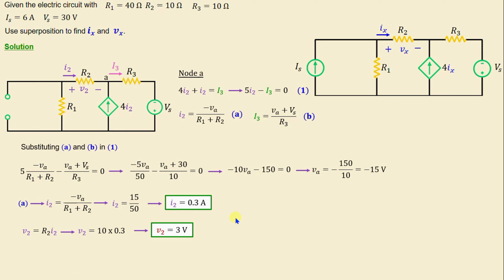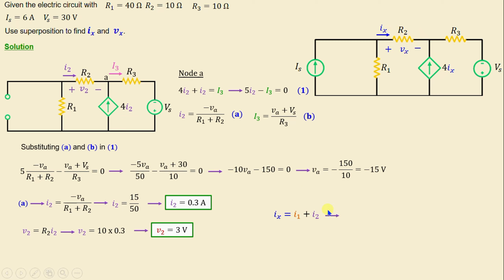After completing the analysis for each independent source while treating the other as turned off, the next step is to combine the results algebraically. This process enables us to determine the overall circuit response. That means the current Ix through the resistor R2 is given by I1 plus I2.